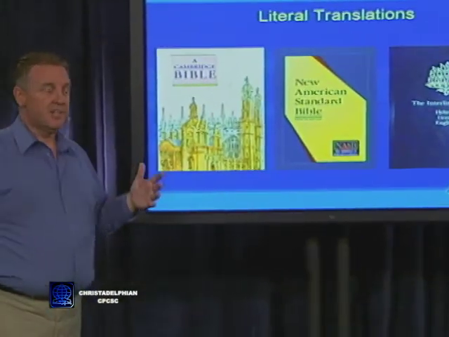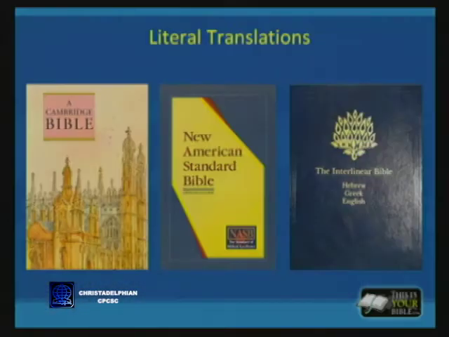First, literal translations. The most popular, the most sold Bible in the world, the King James translation. Well, it's the most sold because it was translated in 1611, almost 400 years ago, and there's been literally billions printed. The King James has two main drawbacks.